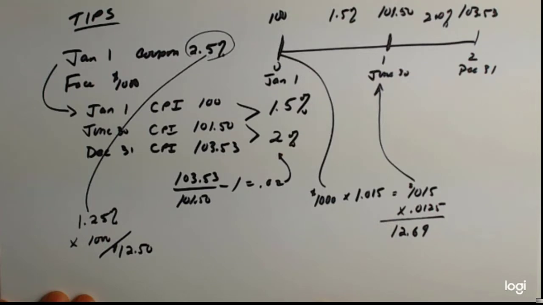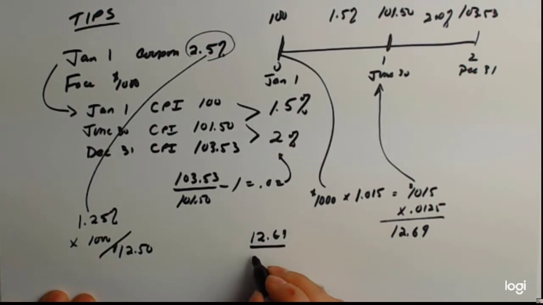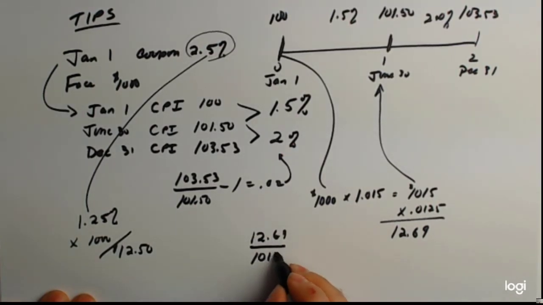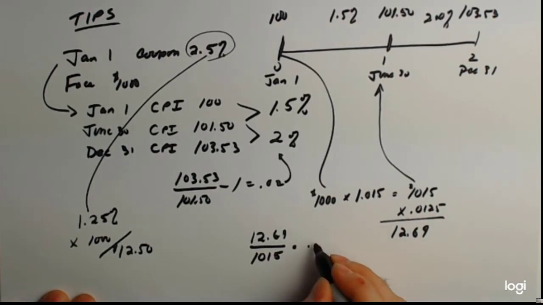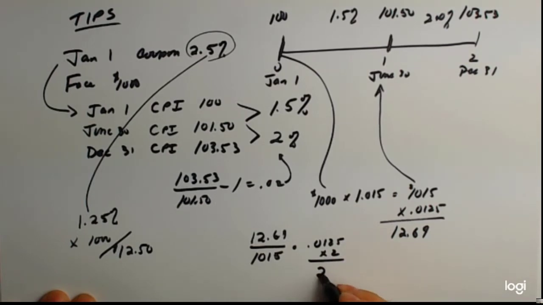The next question says, what is the annualized real rate of return for the first 6-month period? We have to assume that there's no change in interest rates at all. So we take this 12.69, divide it by 1015, and that comes out to be 0.0125, times 2 because we want to put it on an annual basis.